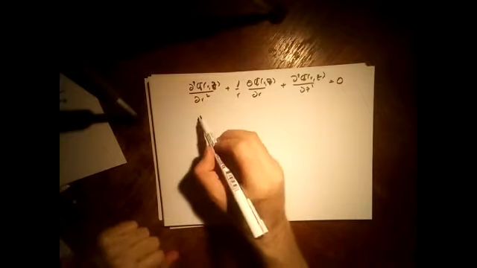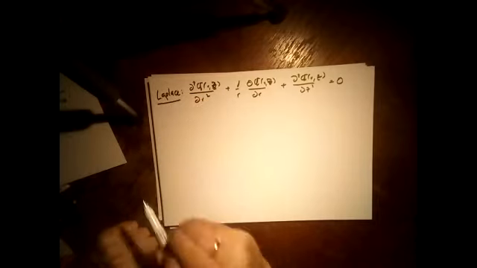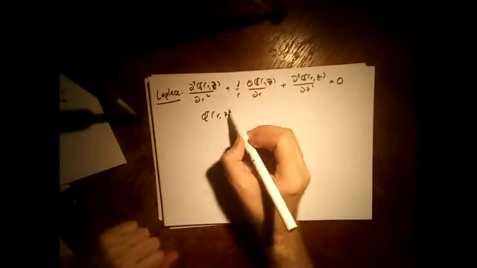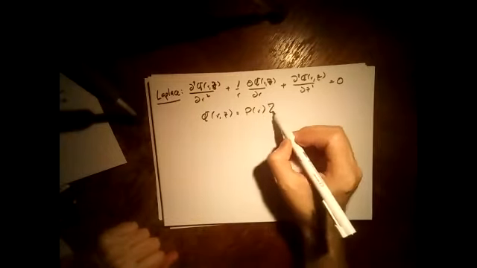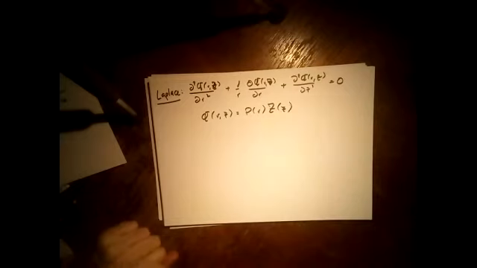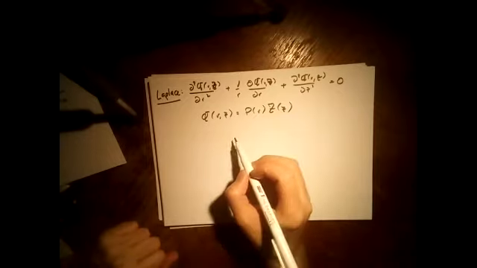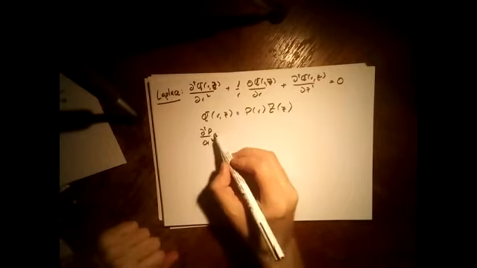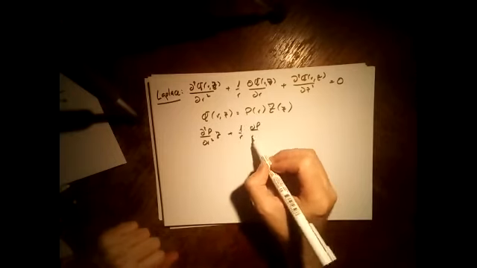The usual ansatz is to take the potential as a function of r only times a function of z only, phi = P(r) Z(z). If I substitute, I have the second derivative of P with respect to r multiplied by Z, plus 1 over r times the first derivative, plus P times the second derivative of Z, all equal to 0. I've suppressed the arguments.